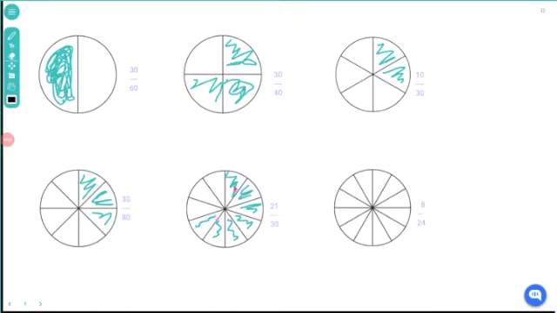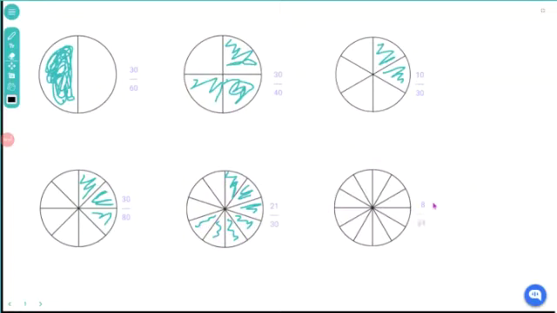So we've shaded in how many parts? Let's have a look. 1, 2, 3, 4, 5, 6, 7. So we've shaded in 7 parts because that represents 21 over 30. Well done. Now let's go on to our final fraction.